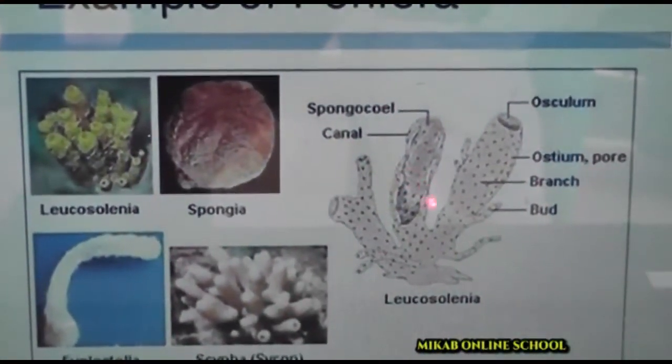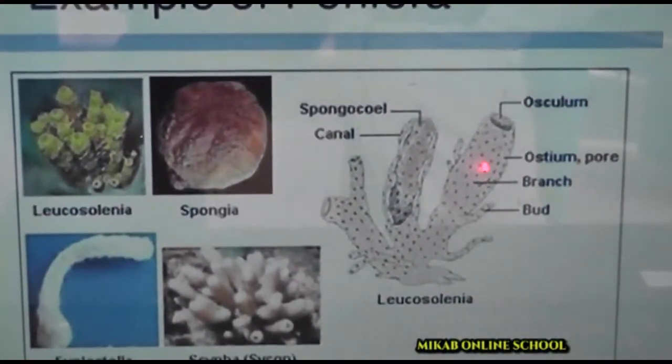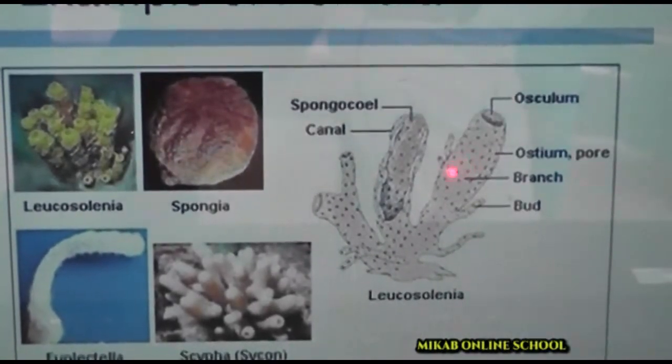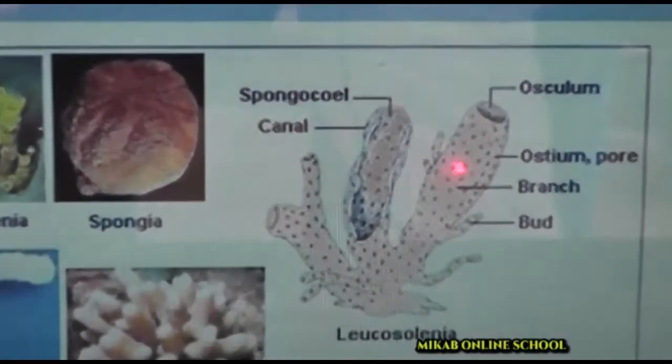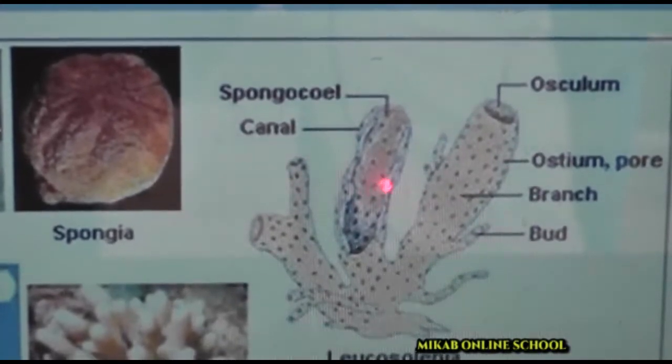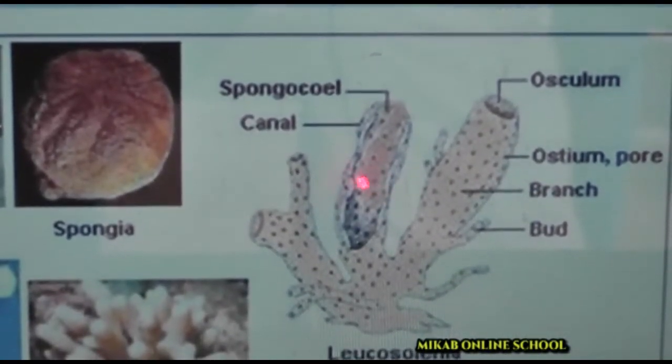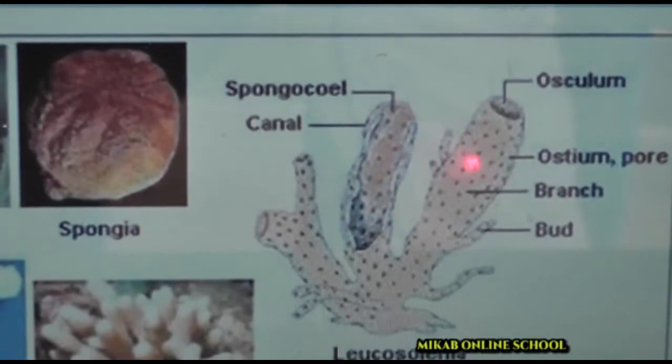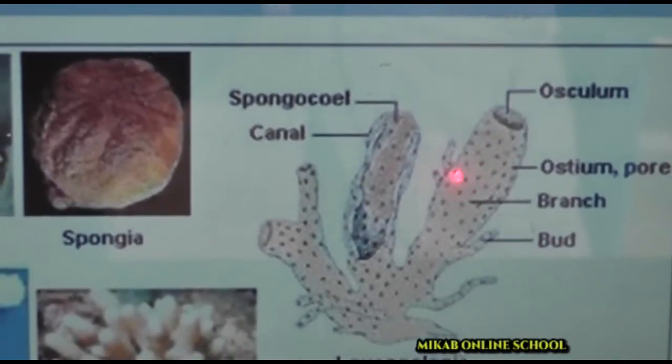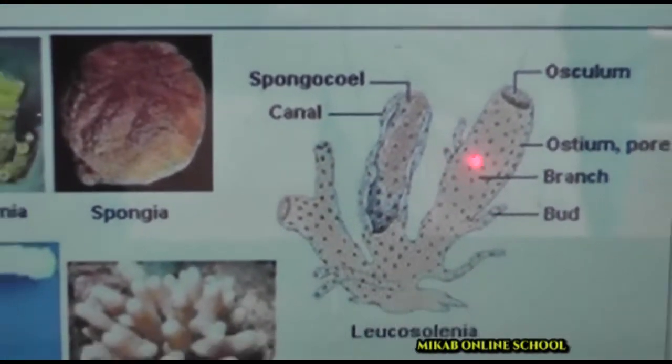But the outer layer is known as what? Very good. You can still remember. So we call it the dermal layer. But the inner layer, we call it what? The gastral layer. This gastral layer, as well as the outer layer, consist of those cells we call choanocytes or the collar cells.